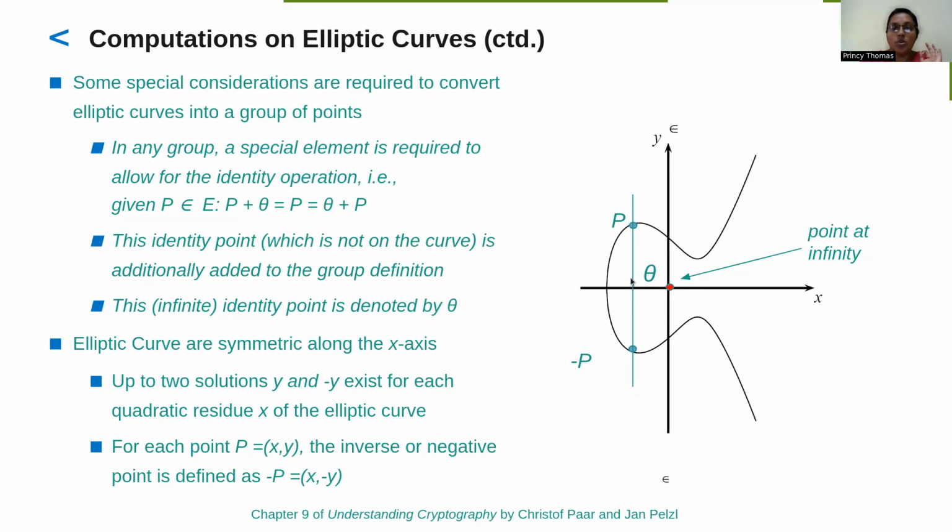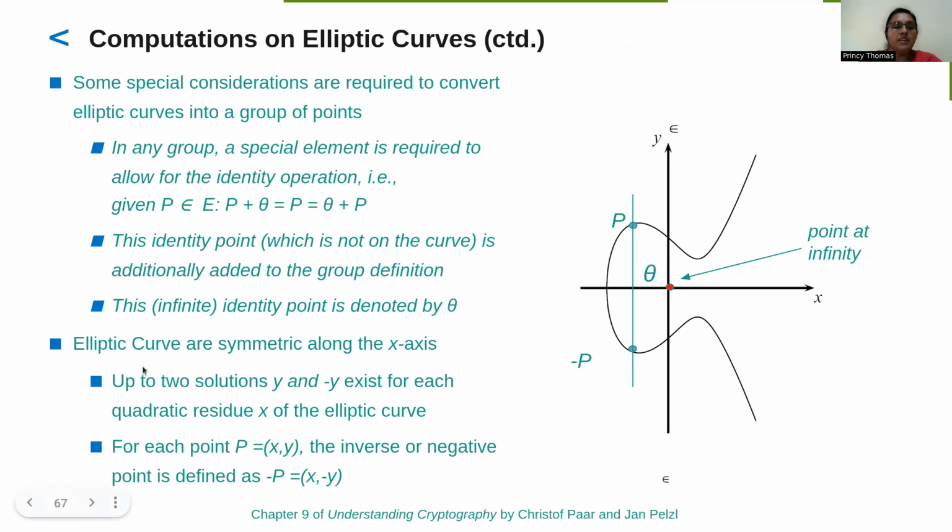But here you can see it is almost straight, so if it needs to be cut, it will be cut somewhere in infinity. That point in infinity is called theta, and that is the identity element. This particular point is an imaginary point which is not on the curve, but it is added to the group definition, and it is denoted by big O, or here in this case theta.